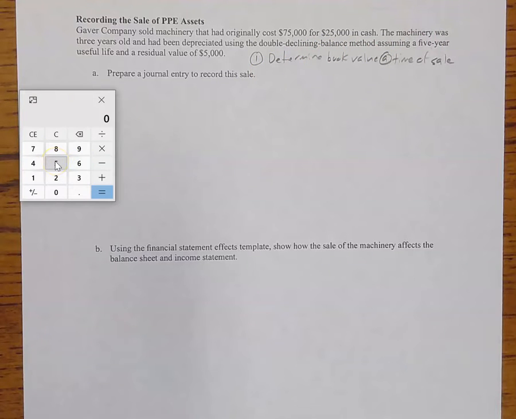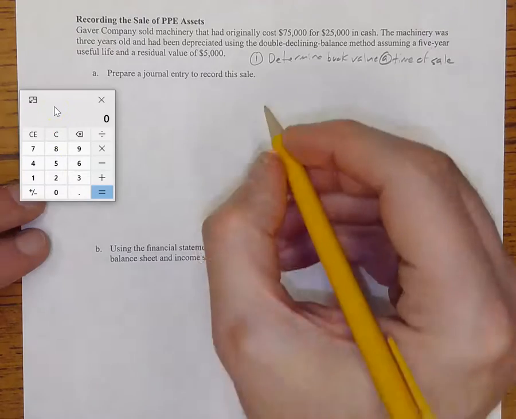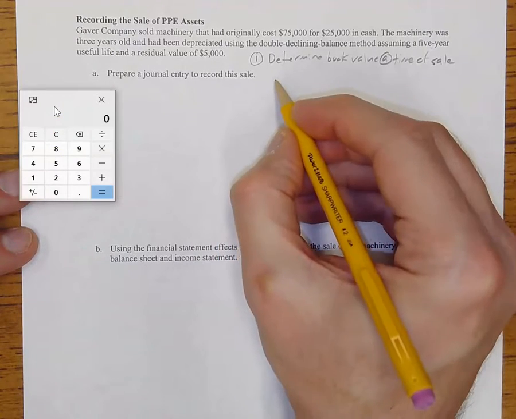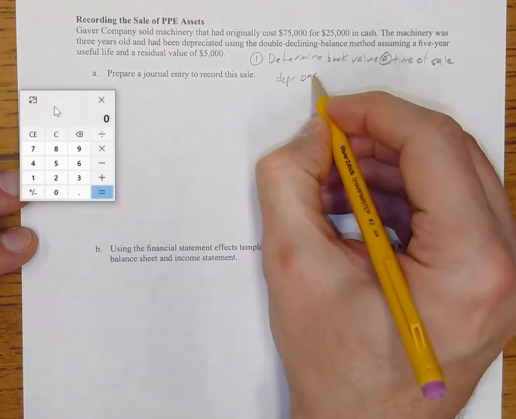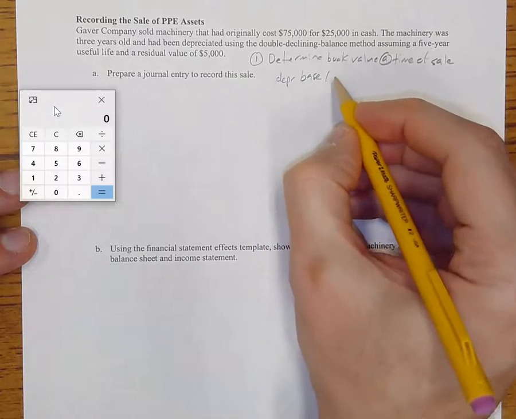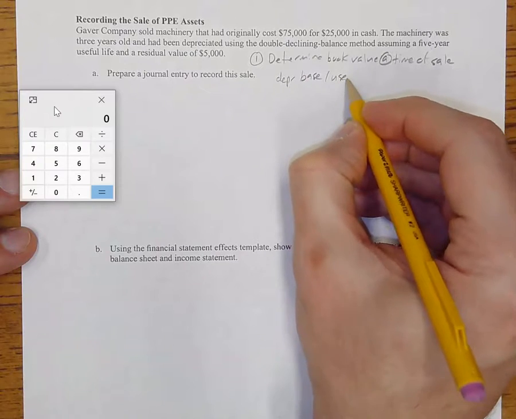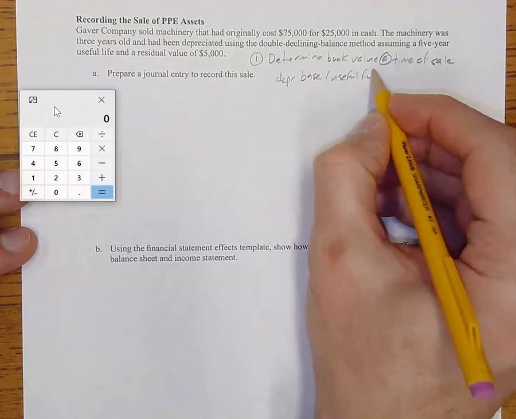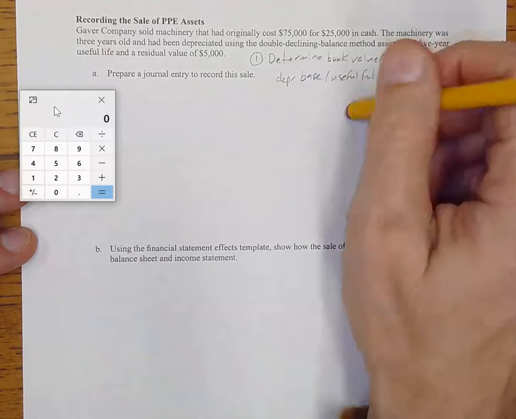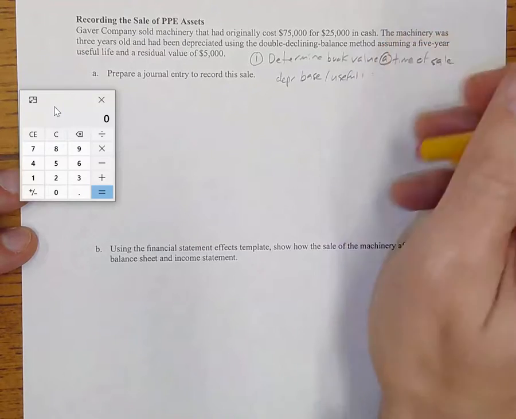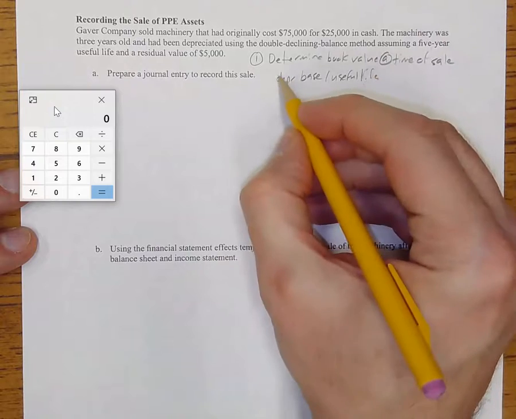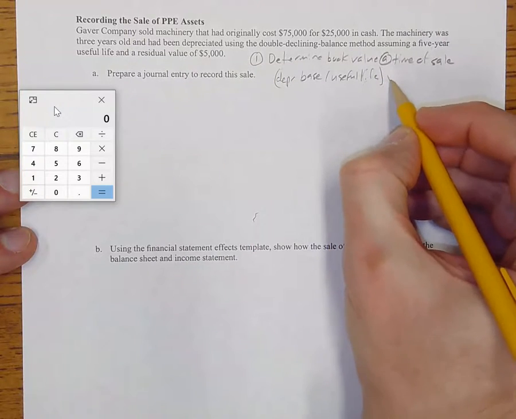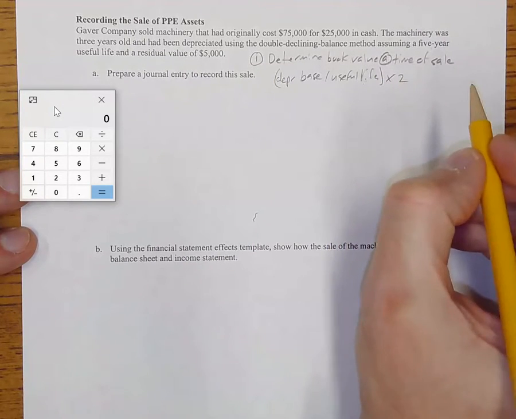So the formula for double declining method is we're going to take the depreciable base divided by the useful life, and then we're going to multiply that by 2.